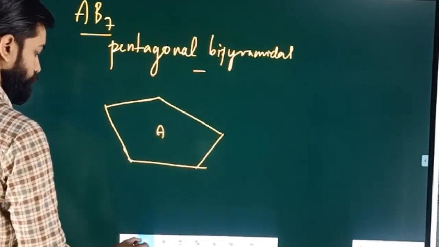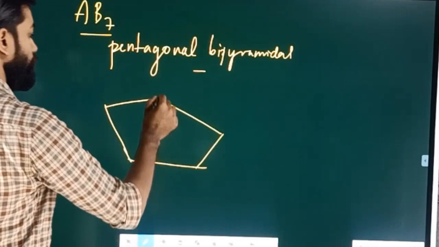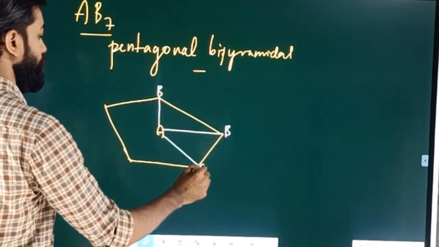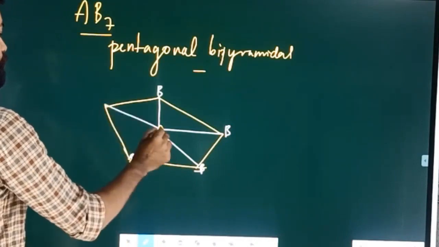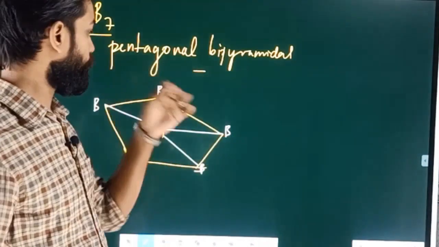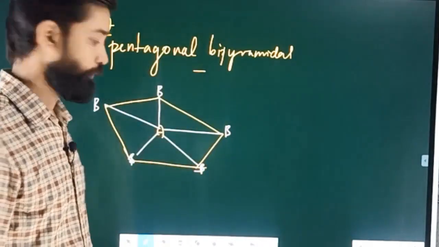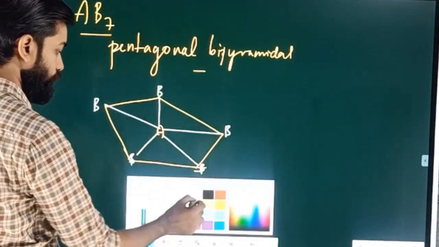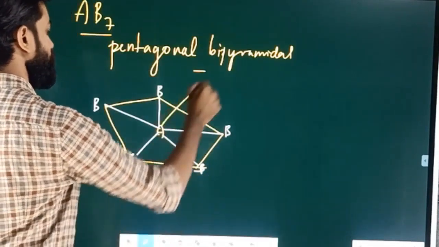So from that A, there is a B here, a B here, a B here, a B here, a B here. So in the plane of a pentagon, there are 5 bonds, and one bond is up, another is down. So we can represent it like this.